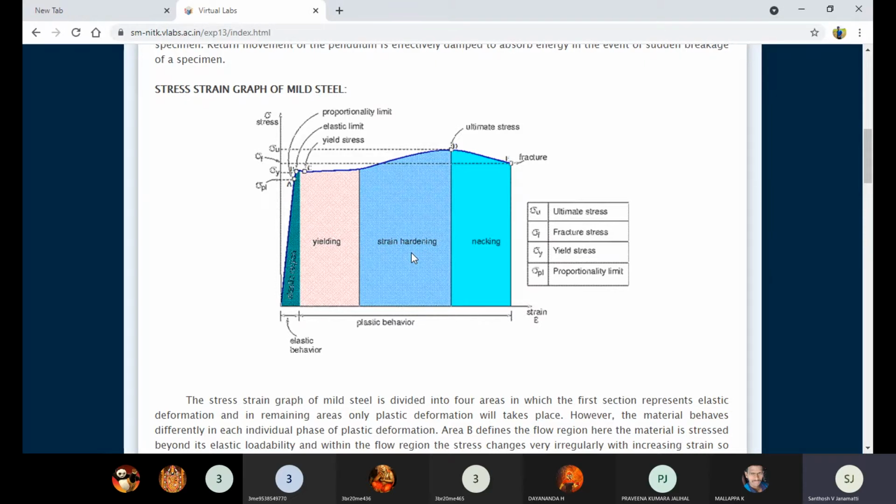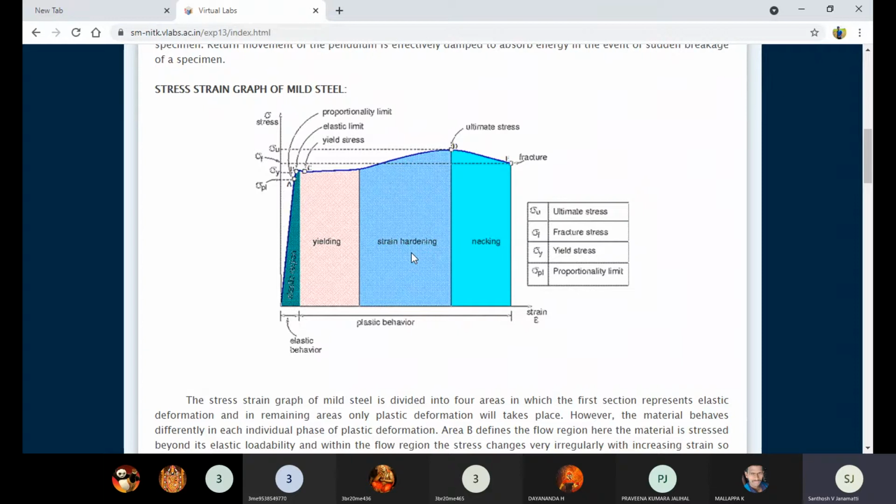Whenever we need to conduct the tensile test, the best example of a ductile material is the mild steel material, because it will show all these salient features we are now calling the yield, stiffness, ultimate, and fracture, and also the proportionality limit of that particular material.